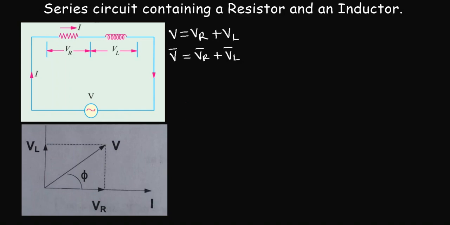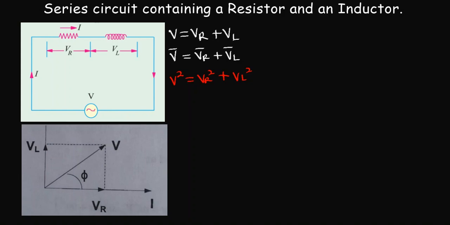From this figure here, we can see that V squared equals VR squared plus VL squared.